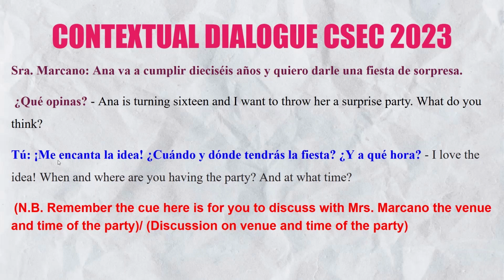We also want to know when and where the party will take place, and we specifically want to know at what time. So with this response, we have fulfilled what the cue has required.